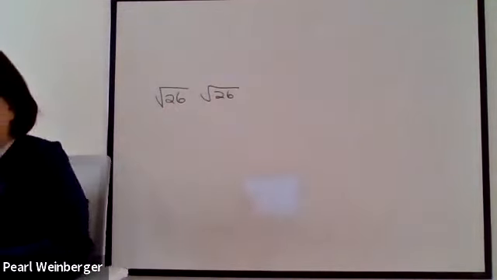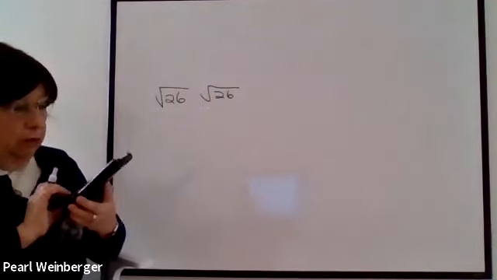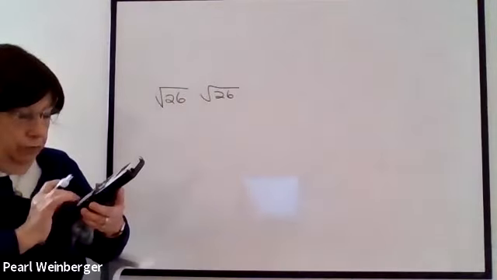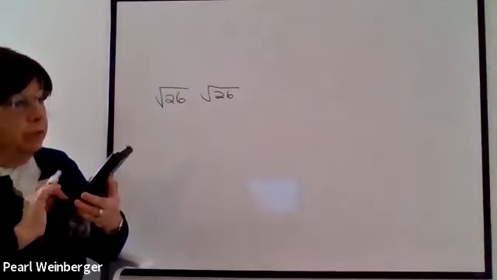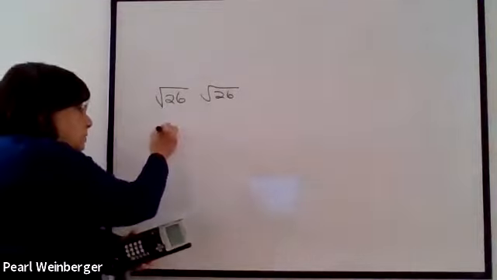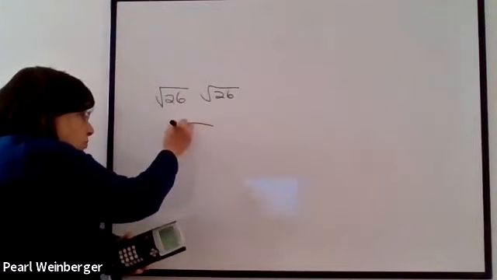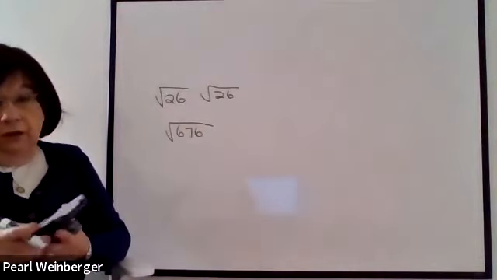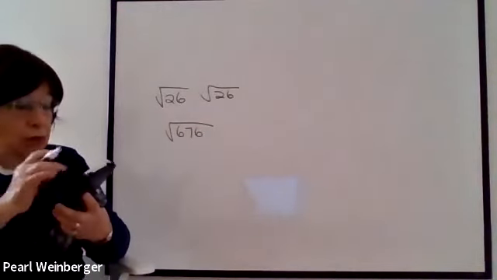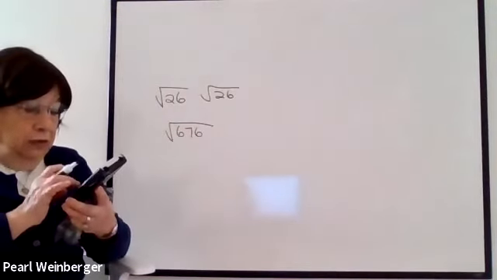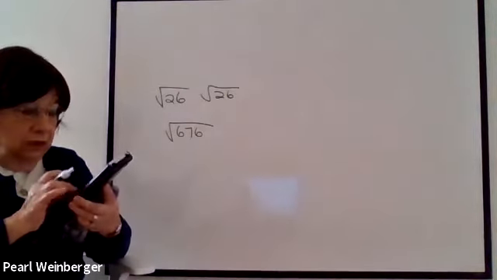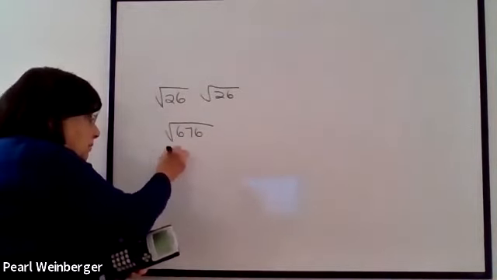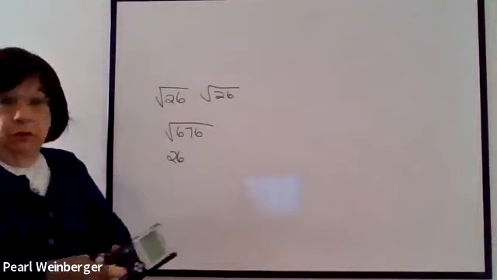I have my calculator here, and that gives me 676. So we get the square root of 676. And since I have my calculator, I can do the square root on my calculator. I put in the 676, and the square root of 676 comes out to be 26, lo and behold.